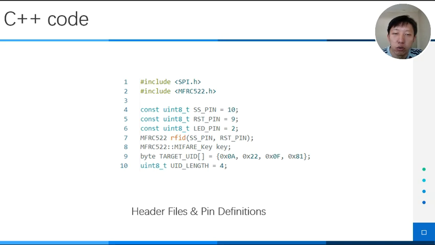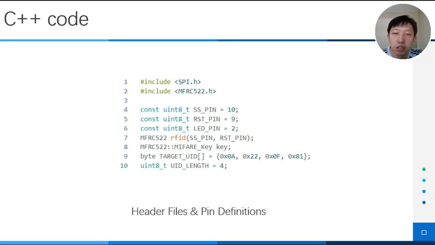MFRC522 rfid(SS_PIN, RST_PIN) creates the RFID operation object rfid. Subsequent tag reading and initialization rely on this object.